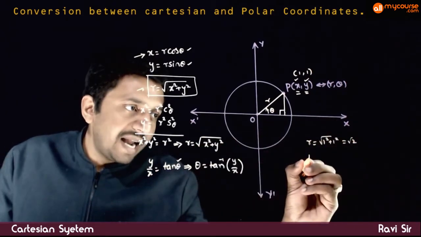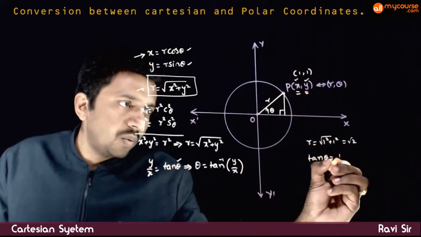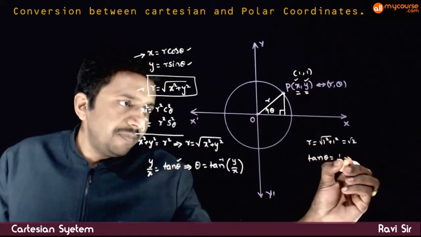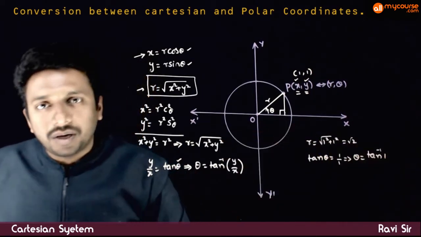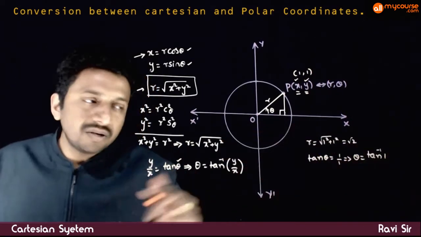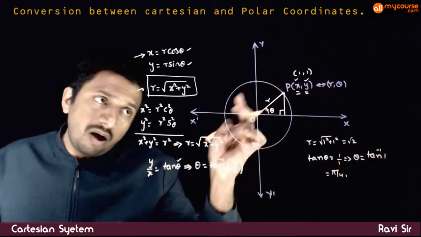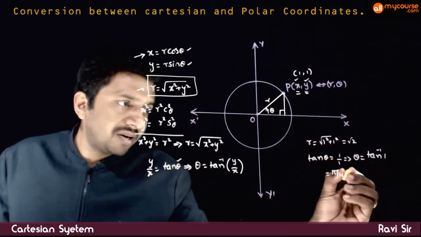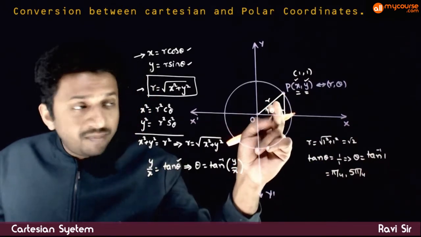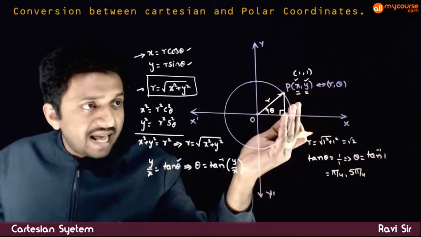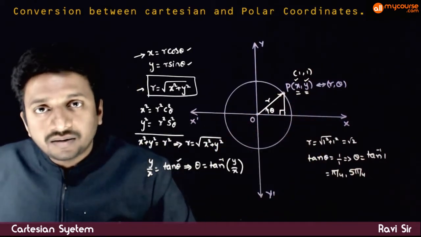Now, if I write tan theta is equal to y by x, 1 by 1, this implies theta is equal to tan inverse of 1. So tan inverse of 1 can be thought of as pi by 4 or an angle in the third quadrant, 5 pi by 4. So corresponding to pi by 4 as well as pi plus pi by 4, the tan theta value will be equal to 1.